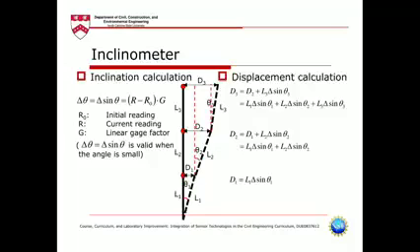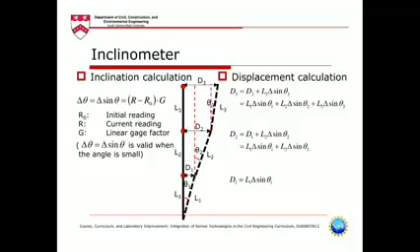Then how can we calculate the displacement? See the figure: L1, L2, L3. When displaced from their original place, we have another position of L1, L2 and L3.